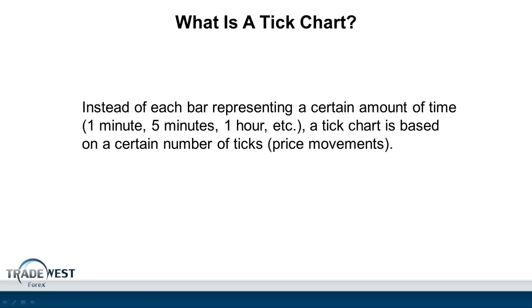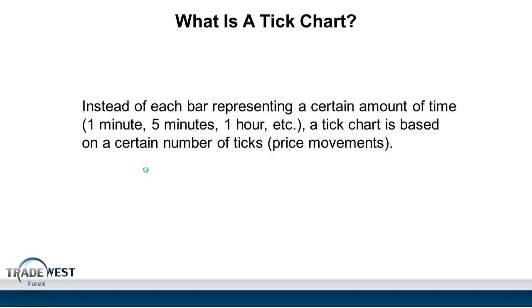Each time the market moves up or down, that counts as one tick. So instead of printing a bar every so many minutes or hours, it will print a bar after so many ticks or price movements. And let me tell you why that's important.